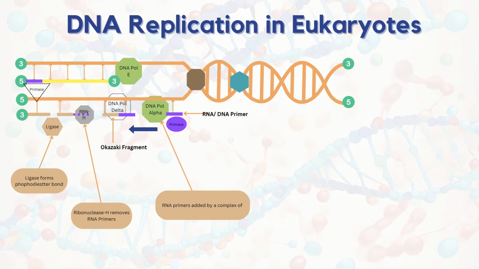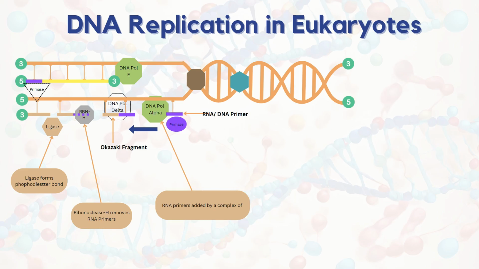The primer RNA synthesis is performed by primase, which is tightly associated with DNA polymerase alpha. DNA polymerase alpha helps in synthesis of Okazaki fragments in 5' to 3' direction in eukaryotes. Okazaki fragments are much smaller, only about 130-135 base pairs long. That is about the size of DNA on a nucleosome.